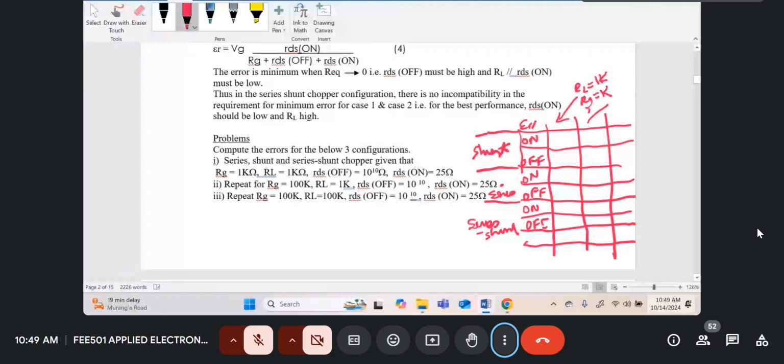Then the second column here will be for RL is 1K and RG is 100K.